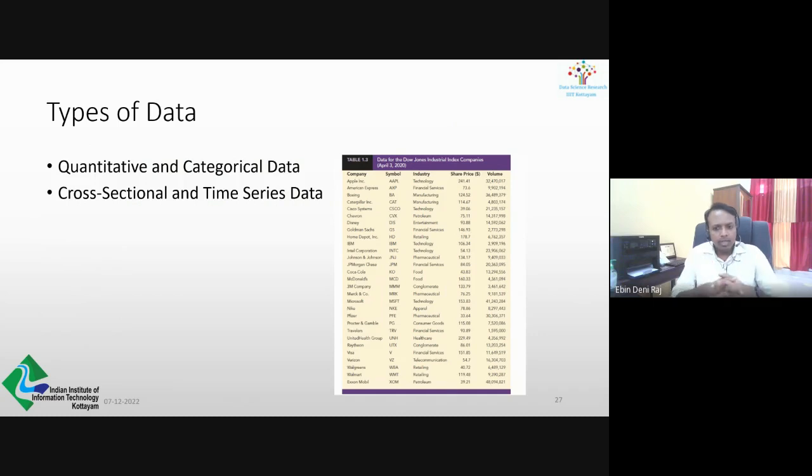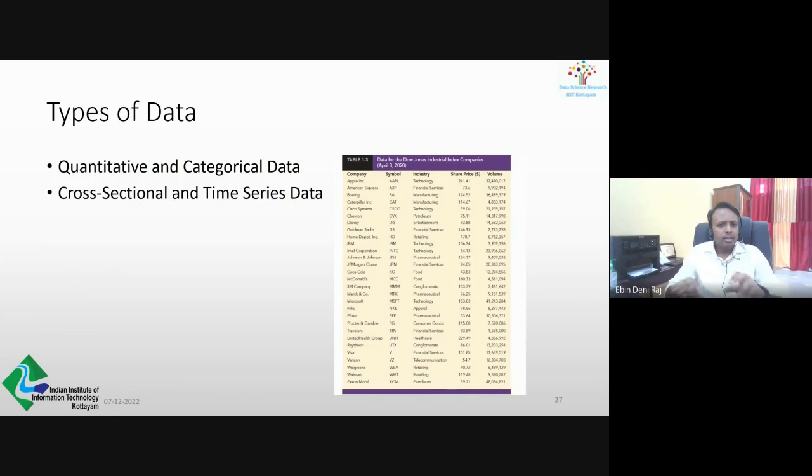So if you take the industry column in this particular graph, that is one example of categorical data. So you have different companies. If you take a look at these companies, there are two companies in the food industry, Coca-Cola and McDonald's. However, we cannot perform any arithmetic operation directly on the data in that industry column. So that is one example of categorical data.